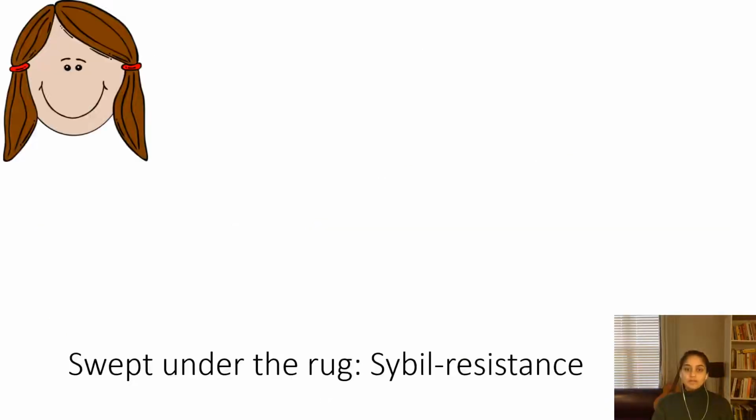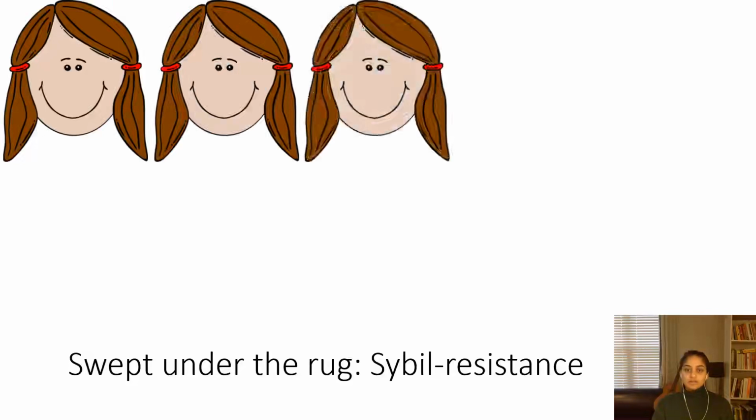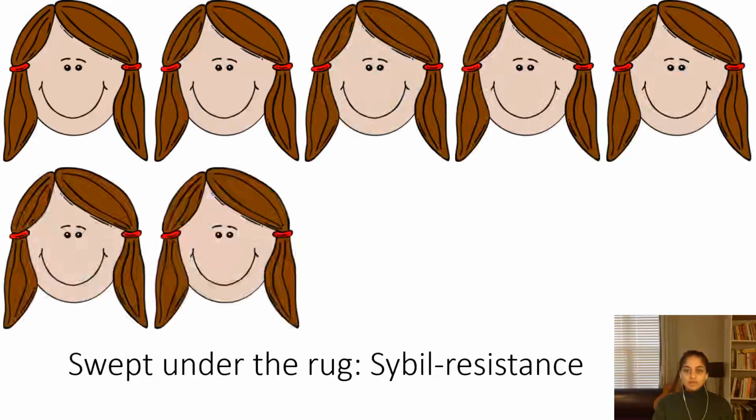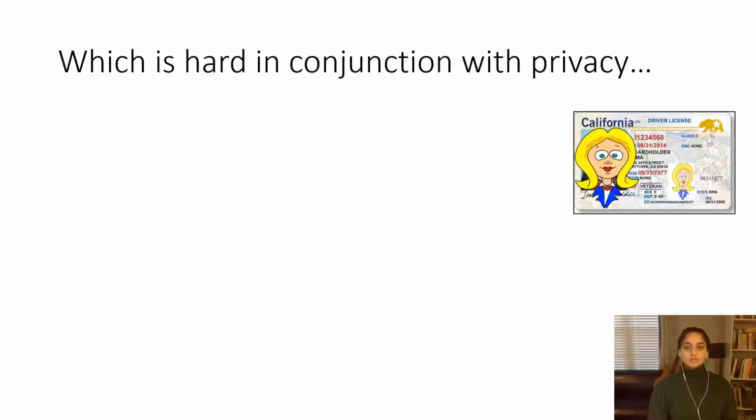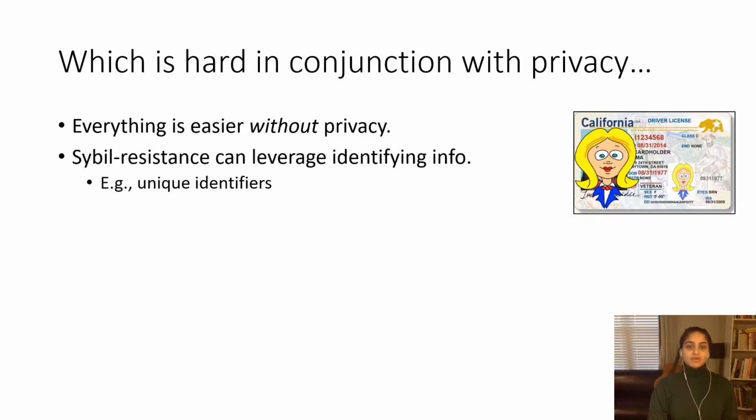Finally, we want lots of issuers, but what we don't want is lots of copies of an individual. For example, applications like voting, which require one person, one vote. Sybil resistance is easier without privacy, as with everything. Even so, it's a hard problem, as evidenced by the research activity on the Sybil resistance problem. But you could leverage identifying information such as social security numbers.